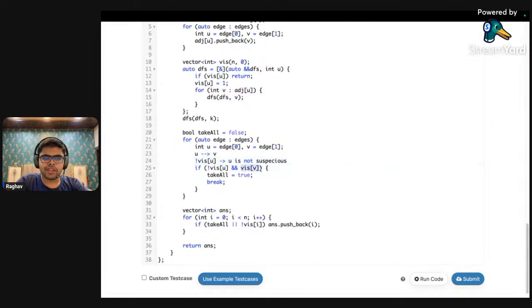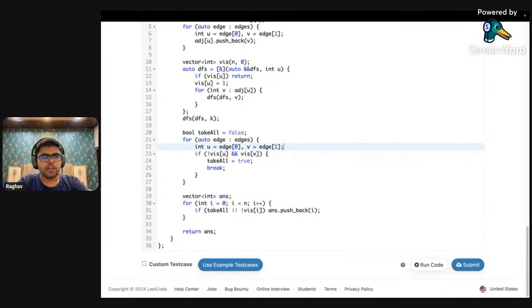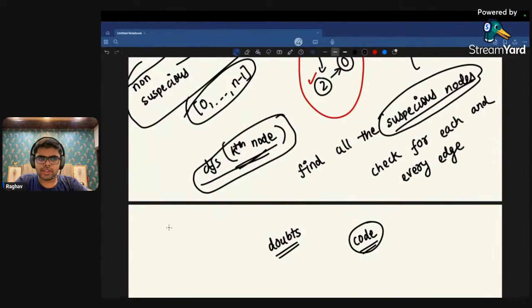And if V is visited, V is suspicious. So in that case, you know that you have to take all the nodes now.